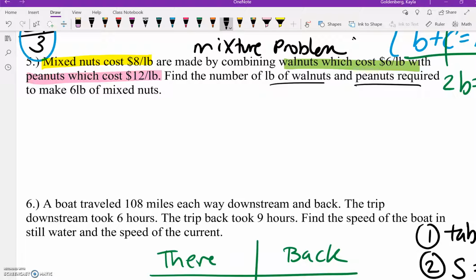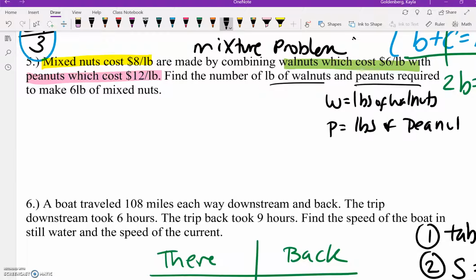So defining our variables, I'm going to call W my pounds of walnuts. I'm going to call P my pounds of peanuts. It's a little bit easier just to be consistent with the letters in the problem rather than use X and Y. Makes it easier to read through it yourself. Now, because there's only 2 variables, I'm looking for 2 equations to write my 2 variable system of equations. So let's see.